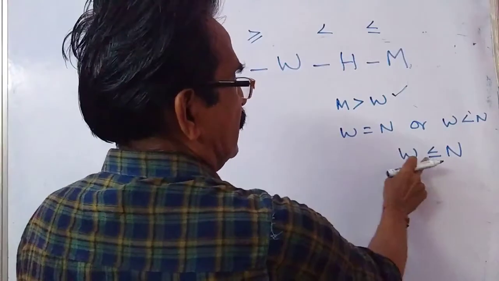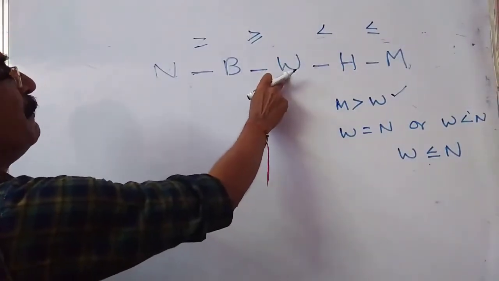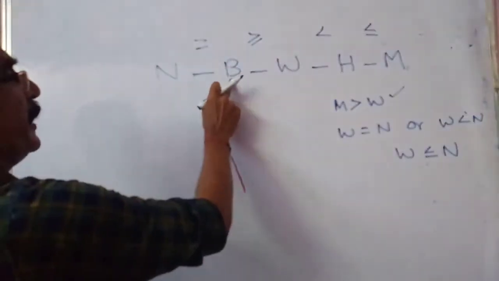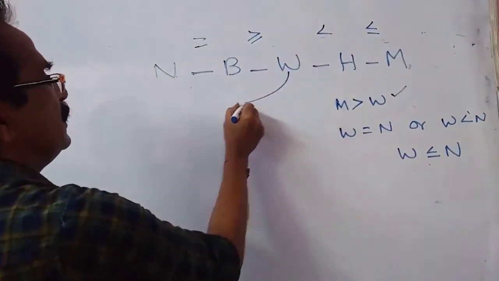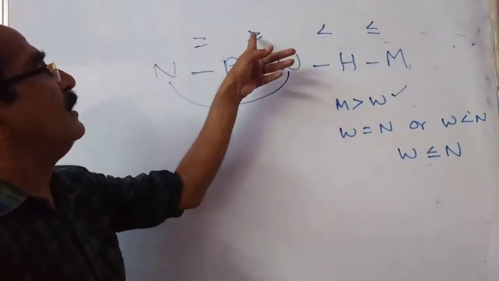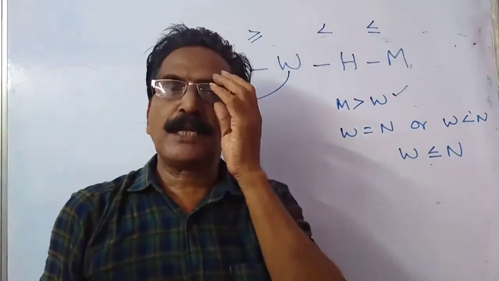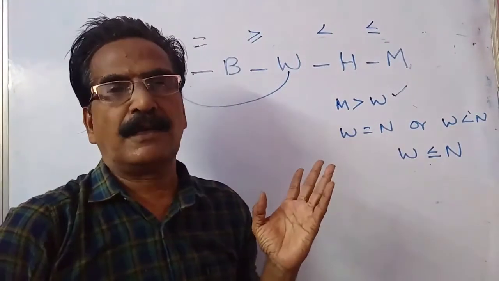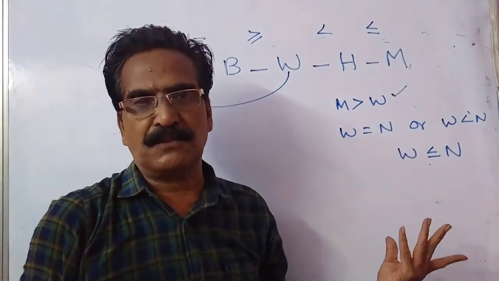What else we want? W less than or equal to N. Yes. W less than or equal to P. P is equal to N. So W less than or equal to N. From this, what conclusion can you derive? W less than or equal to N. So fifth option satisfies these two conclusions. Okay, friends.